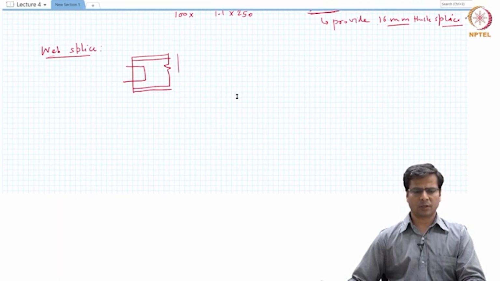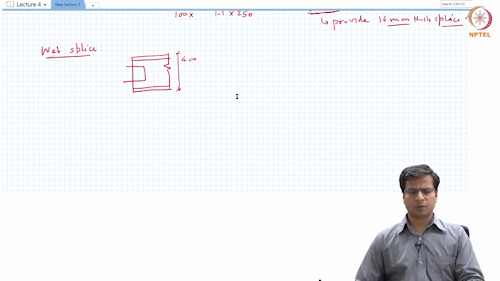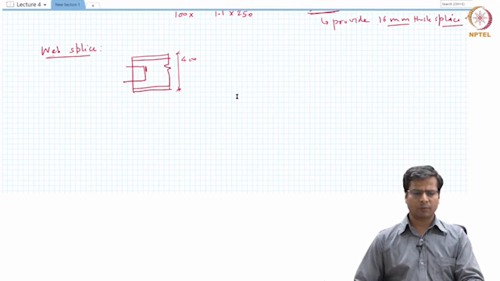We know that the total depth of the cross section is 400 millimeters, out of which 32 millimeters will go away. So anything around 300, 200 millimeters should be sufficient for the web splicing. Let's also try to do a force check, the force demand check also. And we would provide welds at these two edges, and we'll see how much is the force demand.